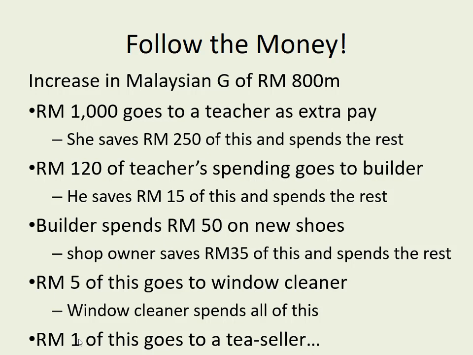Now we're going to think about just this 1 ringgit, which started here. That 1 ringgit was one of the ones from here that went to here. One of the ones that she spent went to the builder. One of the ones the builder spent went to the shopkeeper. One of the ones the shopkeeper spent went to the window cleaner. And that's the same ringgit that came to the tea seller. So that 1 ringgit has passed through several hands.